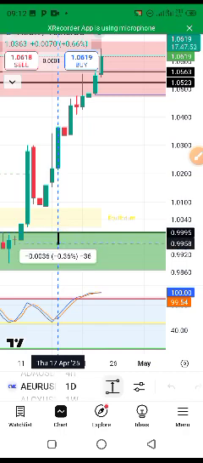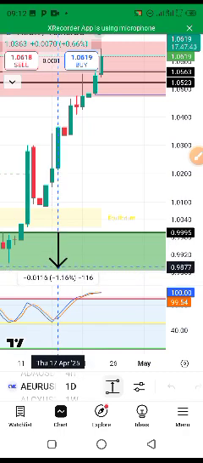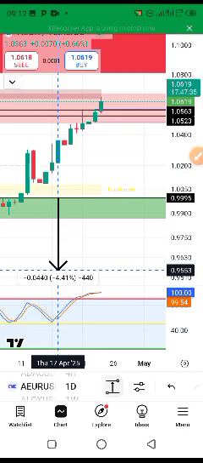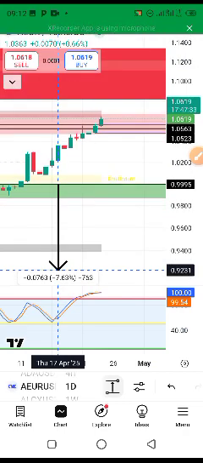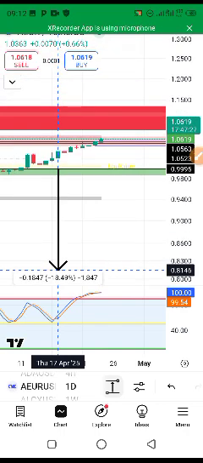It shows where the market can drop. The market can drop up to the discount zone.